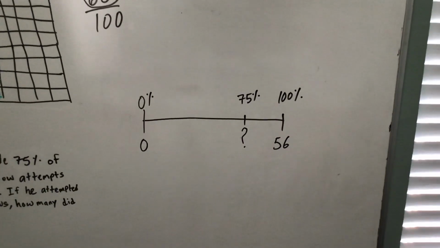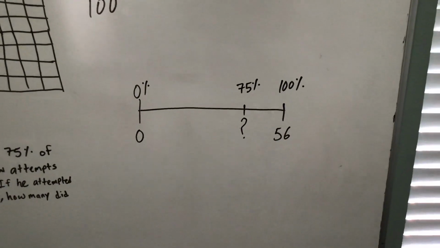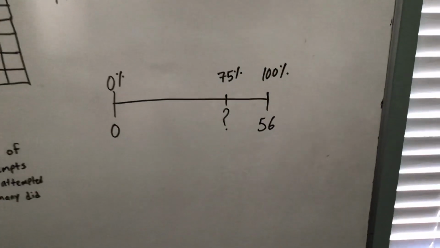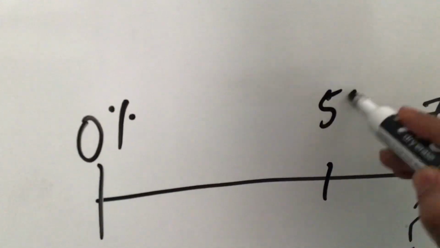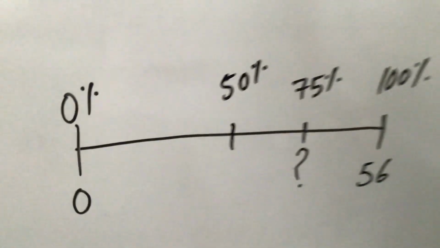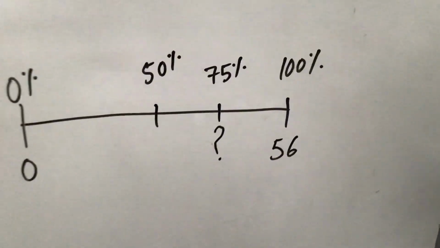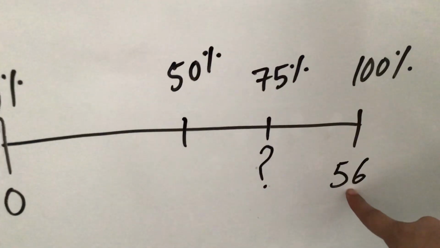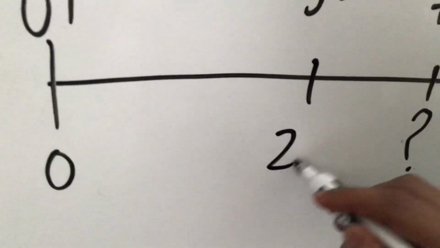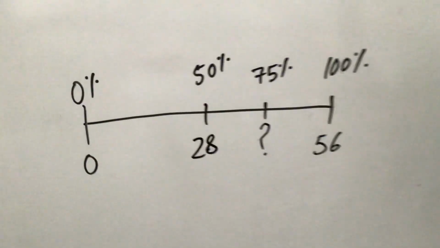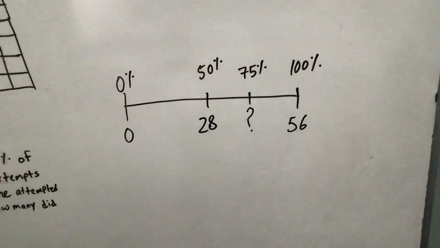What I do know is that I can break the 100% in half. So half of 100% will give me 50%. And I do the same with the free throws. Half of 56 is 28. So just divide 56 by 2, and that will give you 28. So 50% of the free throws equals 28.